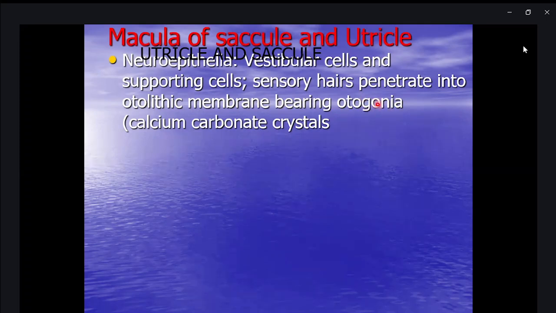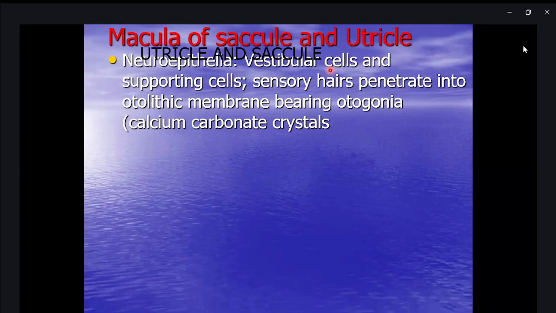These crystals of calcium carbonate bear some weight on this gelatinous membrane. Again, the neuroepithelia is vestibular cells, just like what we have seen. So any movement against gravity is acting on this.